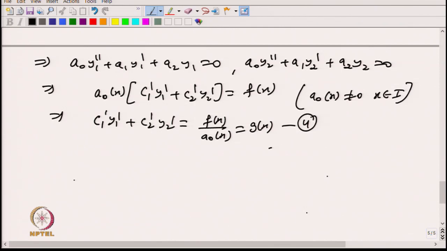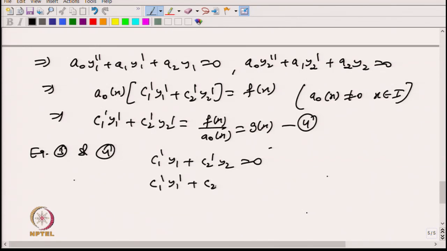So now I will solve. From equations number 3 and 4, the third equation was c1' y1 plus c2' y2 equal to 0, and the other equation is c1' y1' plus c2' y2' equal to my g(x).